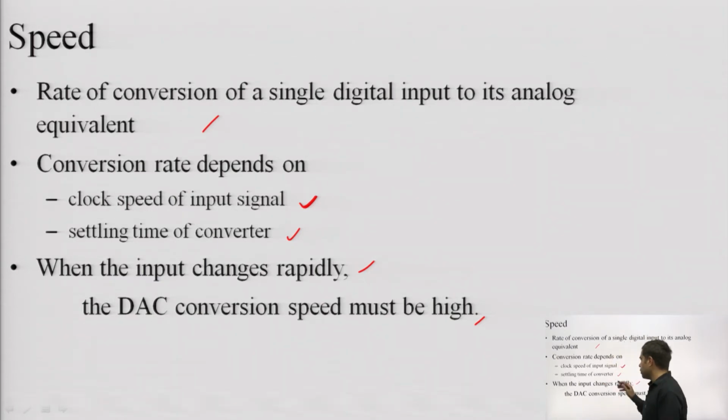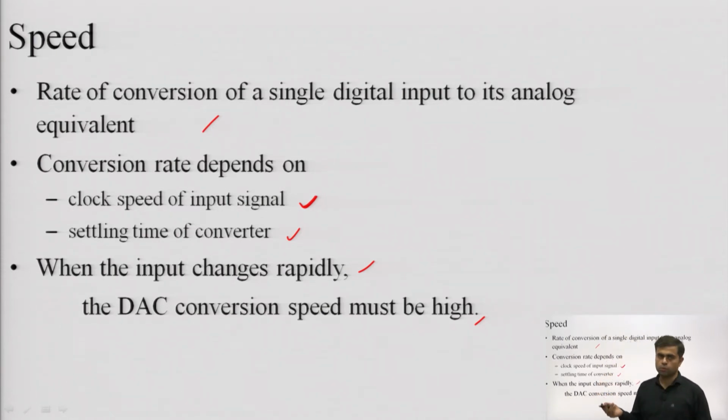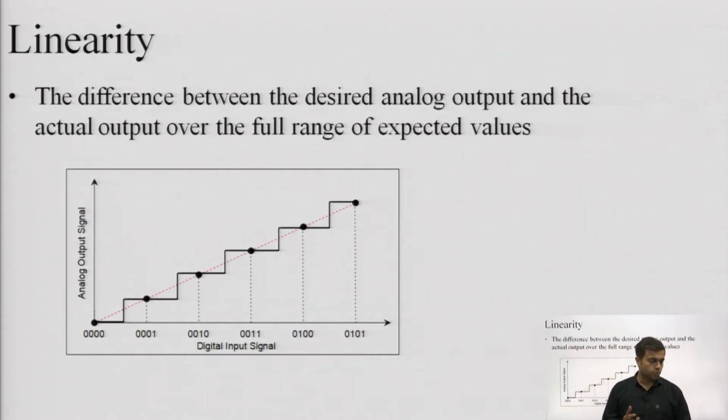So this clock rate has to be sufficiently high so that all the data transitions at the input side are detected by the circuit and converted into an analog value. And the next thing is settling time. If the clock is okay, then the settling time should be as small as possible so that the circuit is able to respond quickly. And then the third point is linearity.